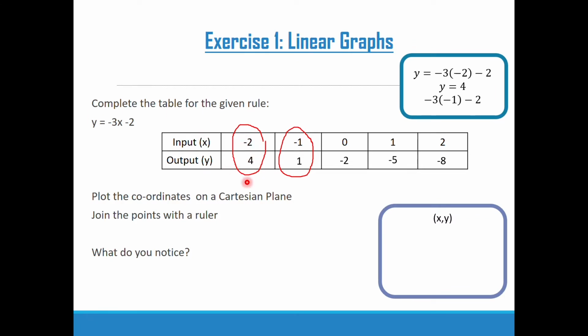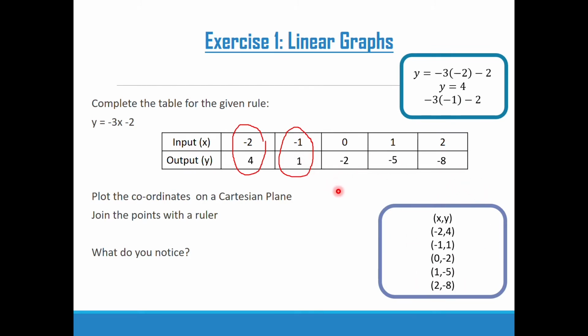So you just put it in a different format. -2 and 4. Do you see how we've just put it next to each other? Okay. Next one, this is your x, this is your y, so you'll have -1 and 1. Next one, 0 and -2, 1 and -5, 2 and -8. Now you don't actually have to write this out, alright? It's just sometimes easier to read if you write it out instead of looking at the column.